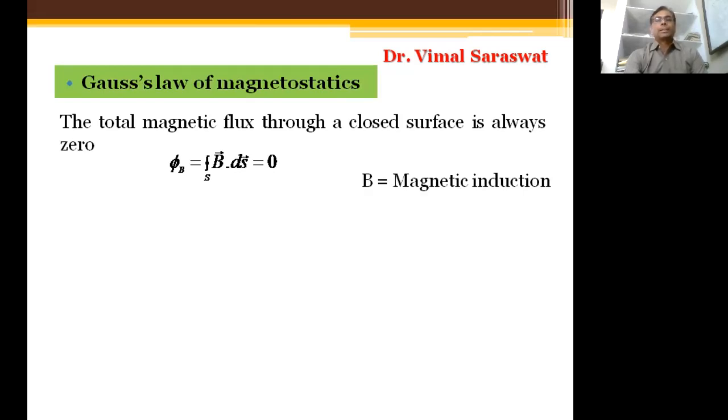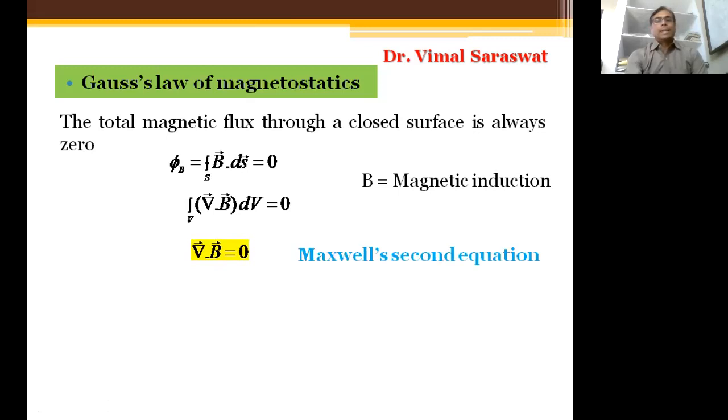Now by using the divergence theorem, surface integration can be changed into volume integration. So surface integral B dot ds is equal to 0 will be volume integration divergence B dV is equal to 0, or this will be divergence B is equal to 0. This is our Maxwell's second equation.